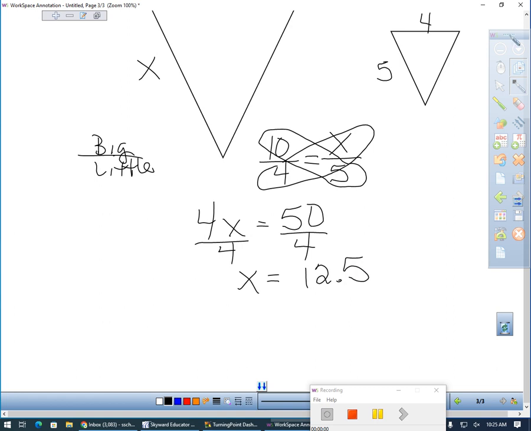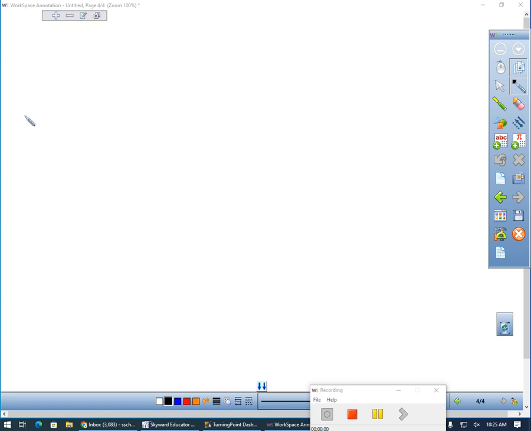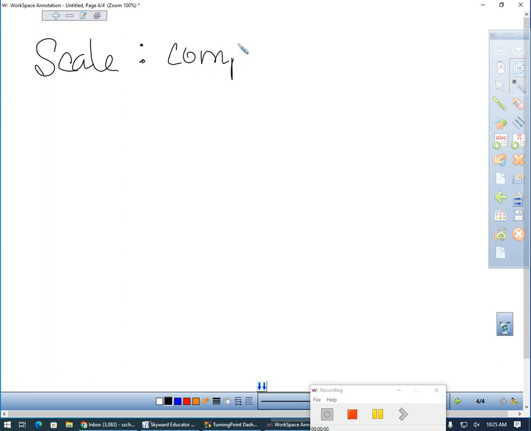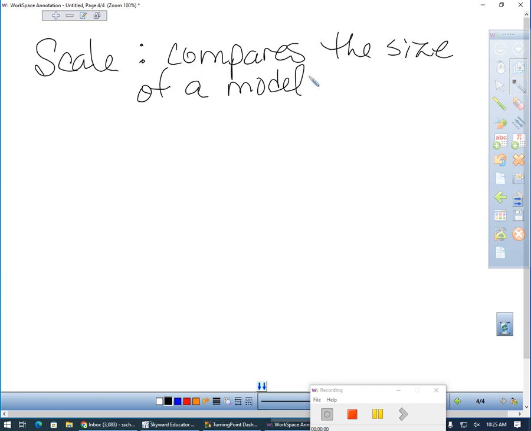All right, so the next section we're going to talk about scale. Scale, guys. Scale compares the size of a model to real.